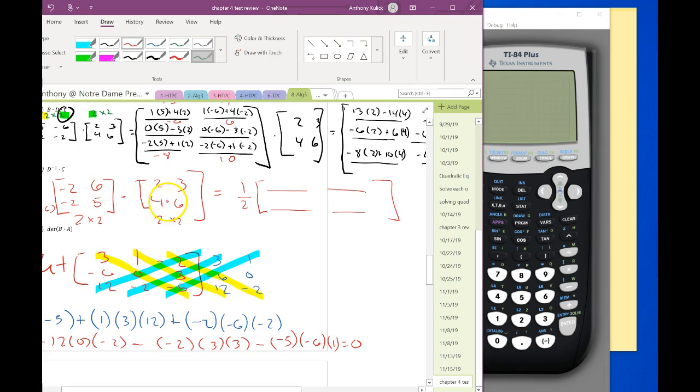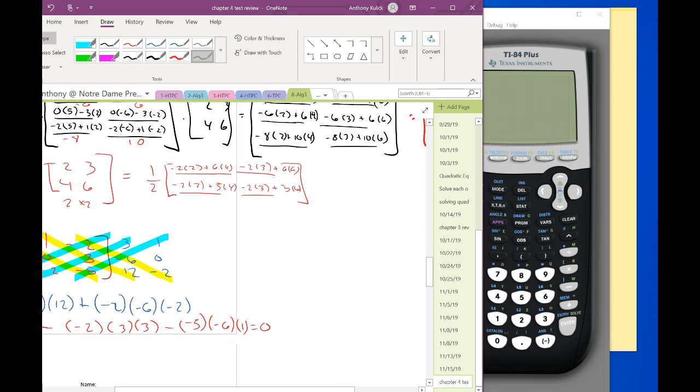So if I do row times column, that's negative 2 times 2 plus 6 times 4. And then I get negative 2 times 3 plus 6 times 6. And then negative 2 times 2 plus 5 times 4. And then negative 2 times 3 plus 5 times 6. So when I do that arithmetic, I get 1/2 times 20, 30, 16, and then 24.